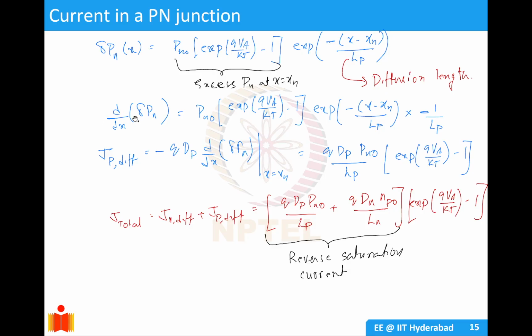When you take the derivative of it, you get Pn naught exponential q Va by kT minus 1, exponential minus x minus xn by Lp, into minus 1 by Lp. So Jp diffusion is minus q Dp d delta p by dx. You multiply, and you get q Dp by Lp Pn naught exponential q Va by kT minus 1.